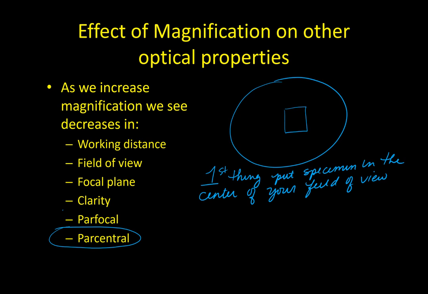In a perfect world where unicorns and rainbows were with us every single day, when you switch objectives on that revolving nose piece, when you go from the 4x to the 10x, technically, if you've centered an object on the 4x, when you switch to this 10x, that object should still be centered.